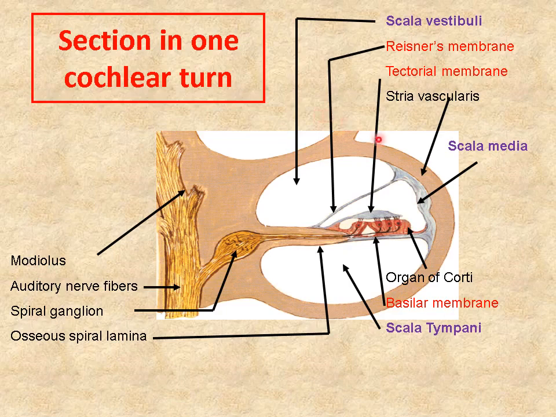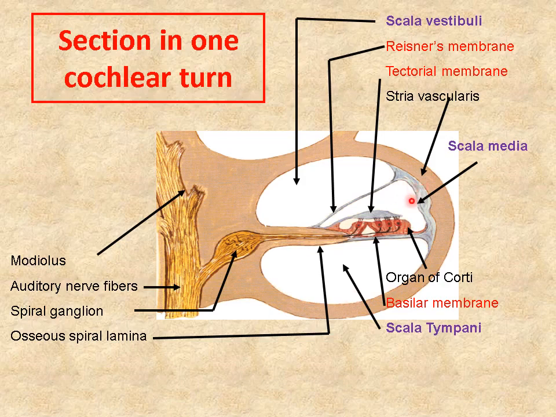This is another cross section in one of the cochlear turns, showing the 3 compartments of the cochlea: scala vestibuli, scala media, and scala tympani. Scala vestibuli and scala tympani are filled with perilymph, and they communicate together at the apex, at the helicotrema.